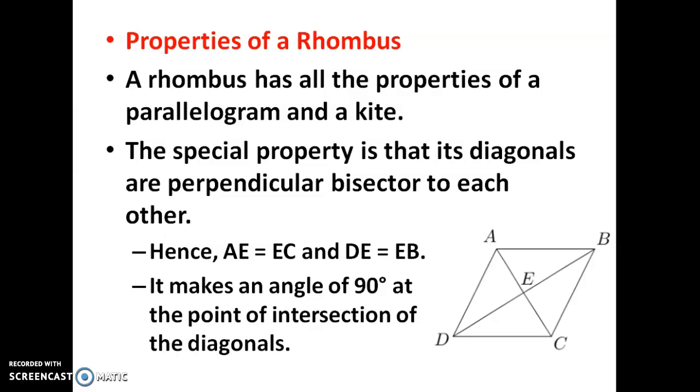Hence AE equal to EC and DE equal to EB. It makes an angle of 90 degrees at the point of intersection of the diagonals.